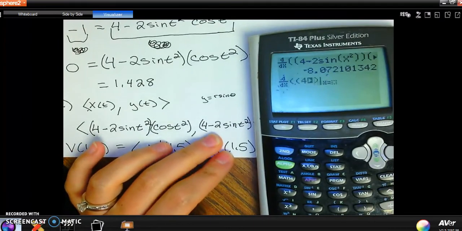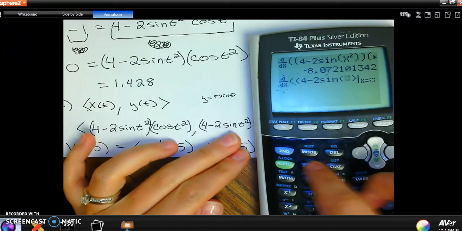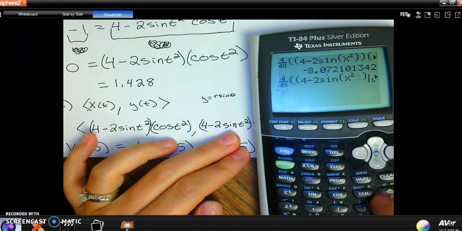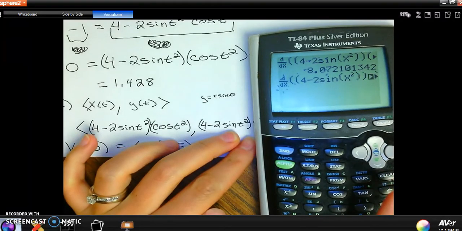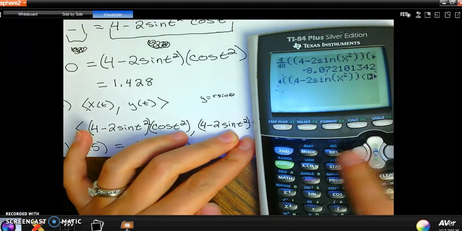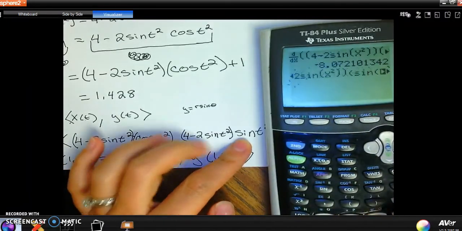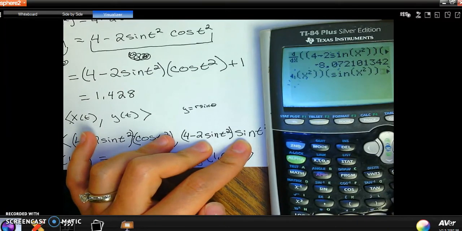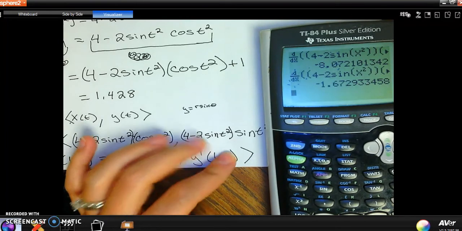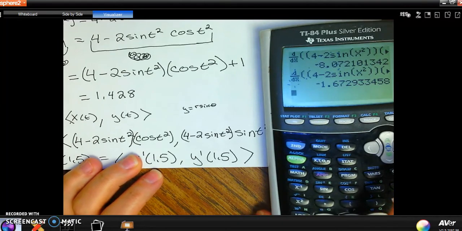So just watch your parentheses. 4 minus 2 sine, and then that thing squared, close parentheses, and then another set of parentheses, and then sine of t squared, close, close, and I'm evaluating that at 1.5, and I get a negative 1.67, we'll call it 3.